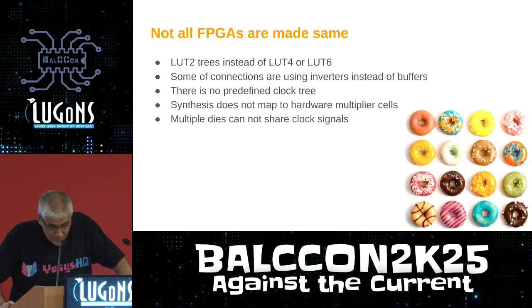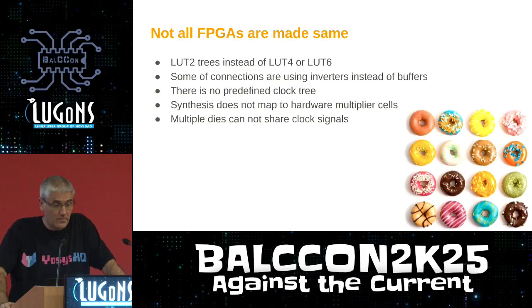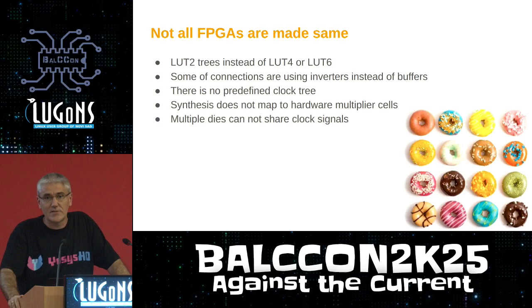And we need to know that not all FPGAs are made the same. We saw that there are LUT2 trees instead of LUT4 and LUT6 that are quite usual in other architectures. But here, to reduce the cost, designers were using inverters in some places instead of buffers, because it's essentially doing the same thing.